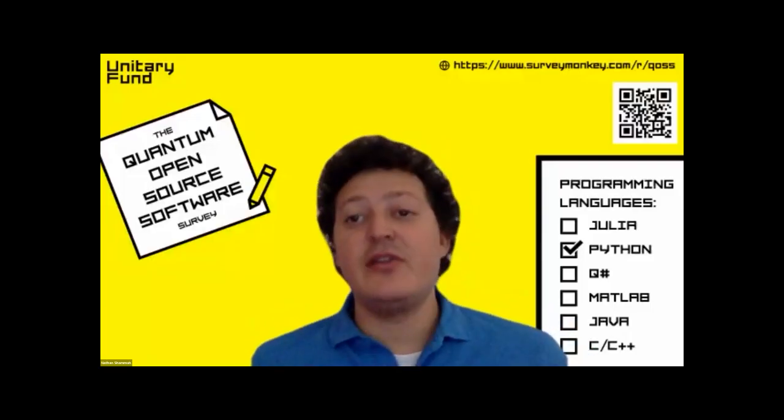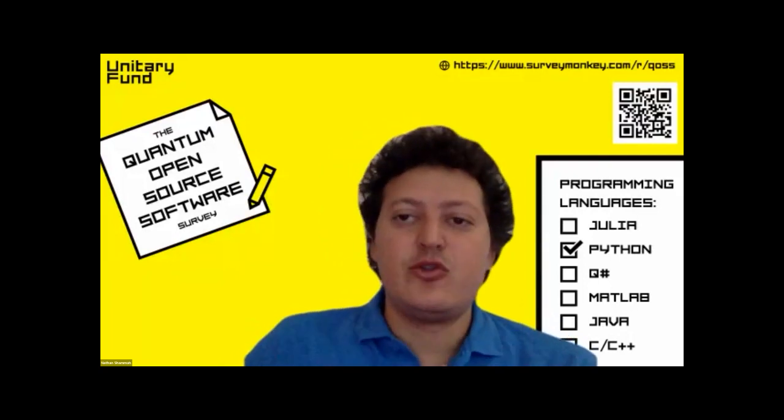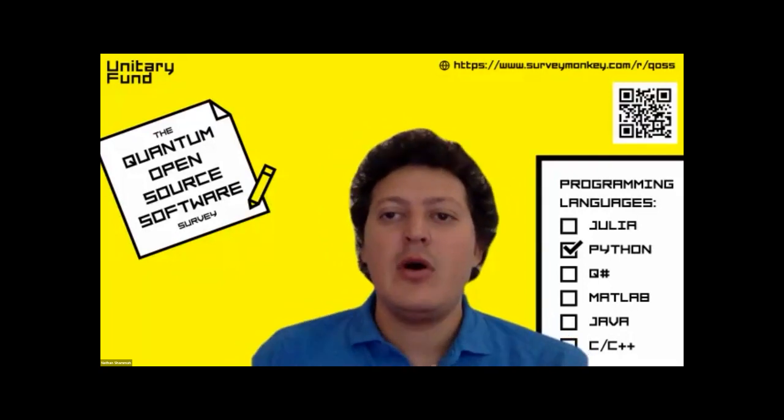Regarding the future, is the emphasis going to be more on Mitiq, or is there some other plan in a different direction? What is the next step for the Unitary Fund? Yeah, definitely using Mitiq to improve quantum computation.